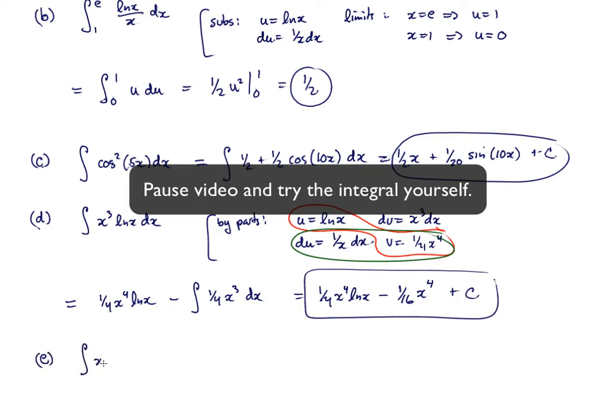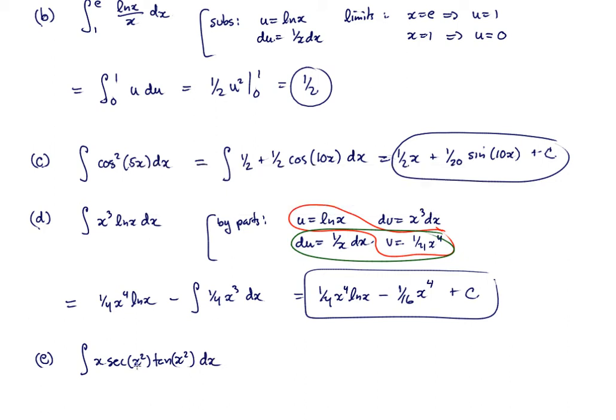The next example is the integral of x secant x squared tan x squared dx. And since the derivative of x squared appears in the integrand as well, then we should first do a substitution.